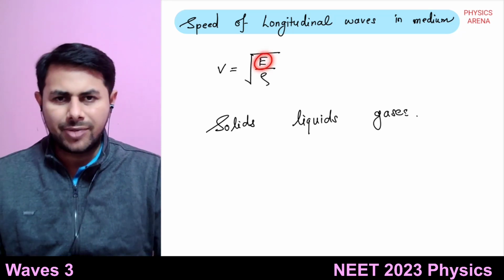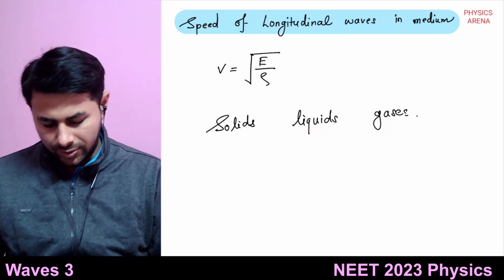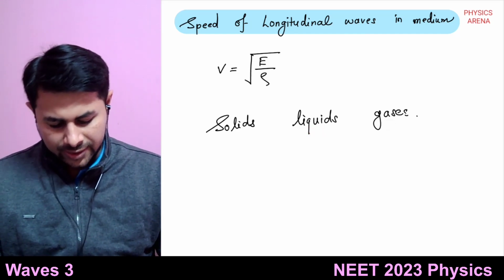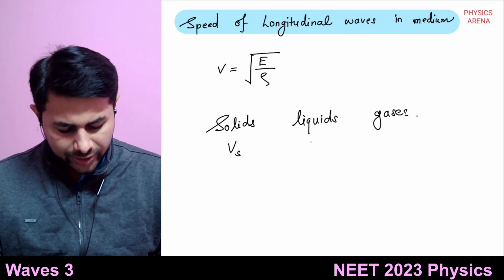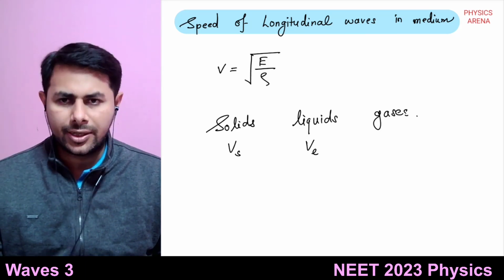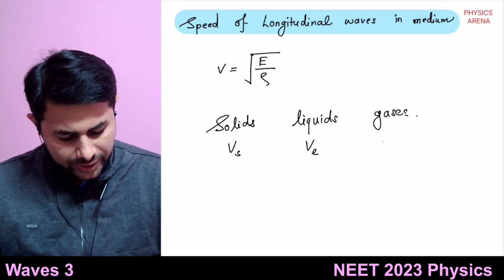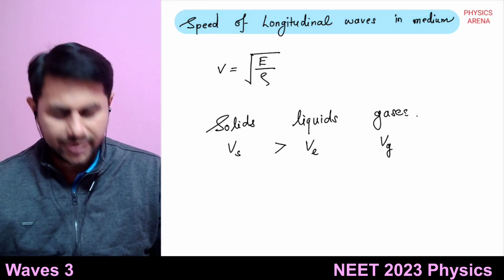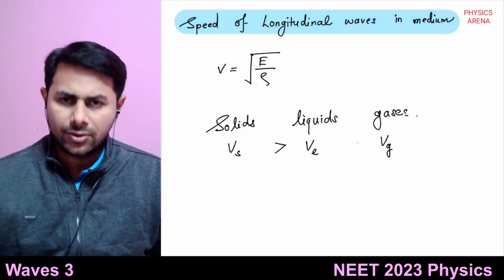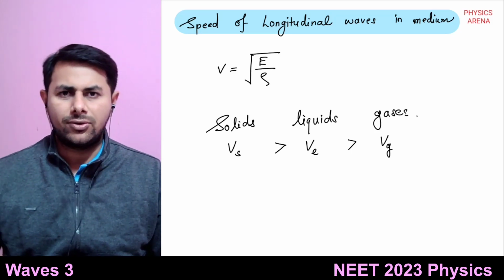So the numerator is much bigger compared to the liquids and gases, so the velocity is greatest in solids. Suppose the velocity in solids is Vs, the velocity of sound or longitudinal waves in liquid is Vl, and the velocity in gases is Vg. So Vs is greatest, Vl is lower than that, and velocity in gases is even lower than that.